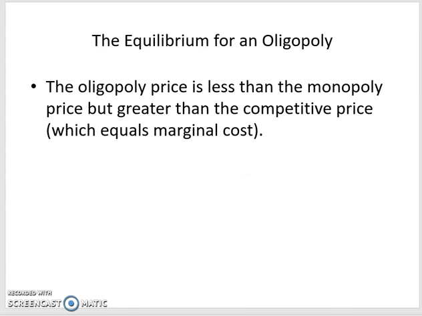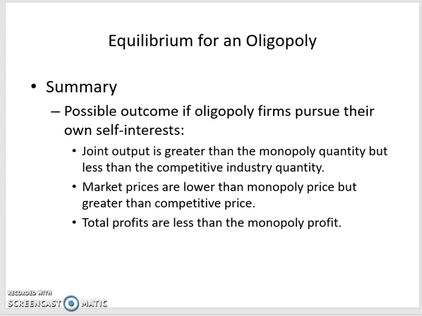The price is going to be in between as well. Generally speaking, the price is going to be less than what a monopoly would charge, but greater than what perfectly or monopolistically competitive firms charge. To wrap this up, here are the possible outcomes if oligopoly firms pursue their own self-interest.